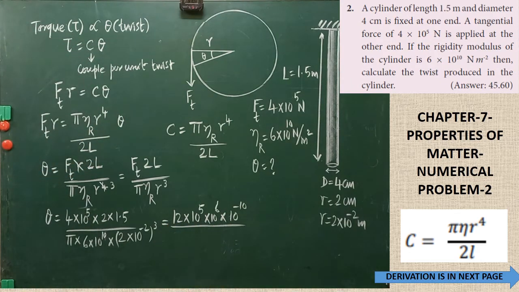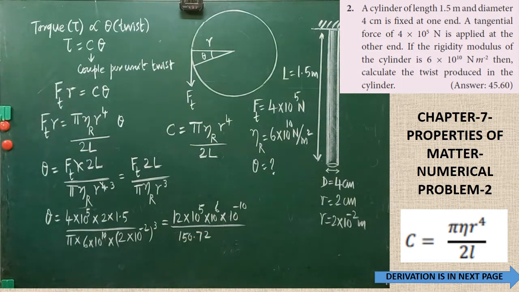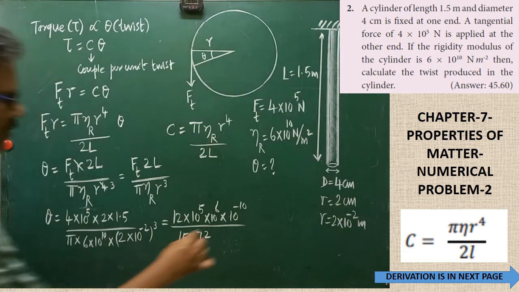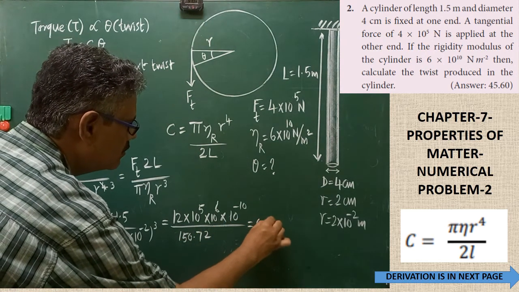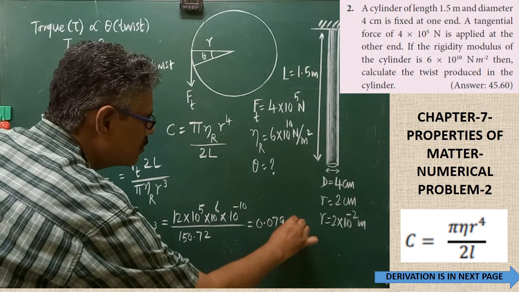Are you clear? If the rest of the factors pi, 6 and 2 are multiplied, you will get 150.72. All power factors are brought up. After simplification, you will get 0.079, and then into 10 to the power of 1.